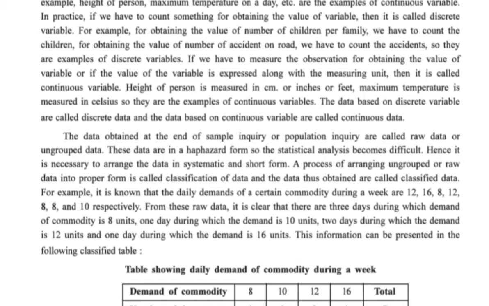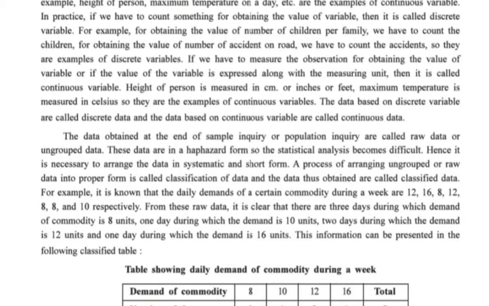Then children, what do we do? We collect this information and then we classify it as per certain features. Then such data becomes classified data, right? If we look at the definition of classified data, it is a process of arranging all the raw data into proper form.